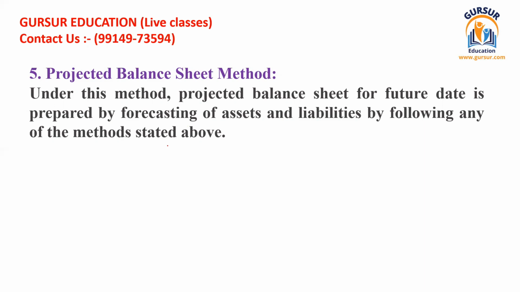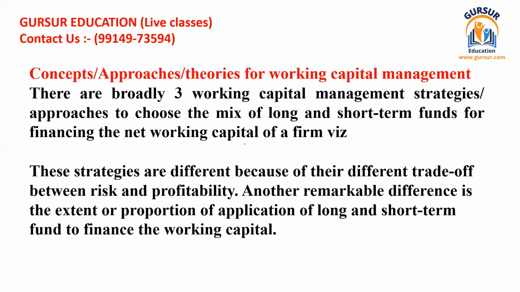We have studied a lot in this video lecture, but we still have to cover 2 or 3 major things. I have taught you till now the different techniques for finding the optimal balance of working capital. Now we have to find how and where you should get money to be invested into working capital.